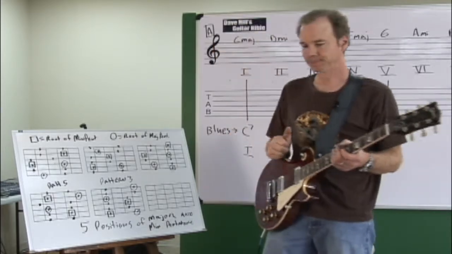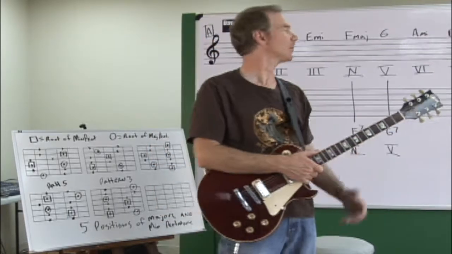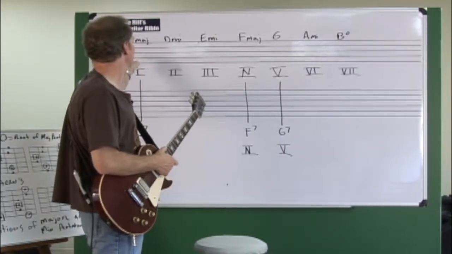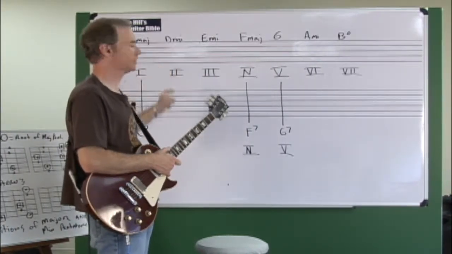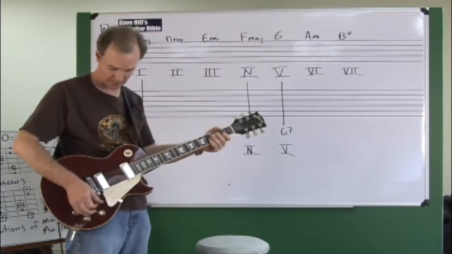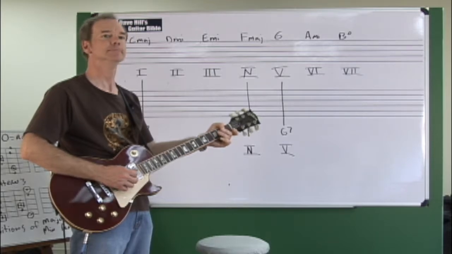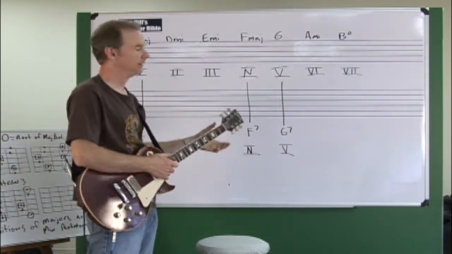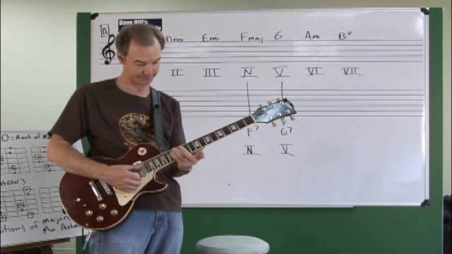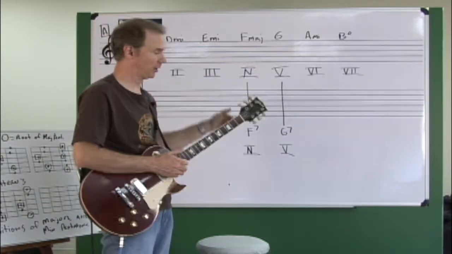Okay, now let's talk about how we're going to utilize these scales. You will recall that in previous lessons I've introduced the concept of harmony, where we took the major scale and harmonized it, in other words, we stacked every other note of the scale on top of every note, and we created chords.